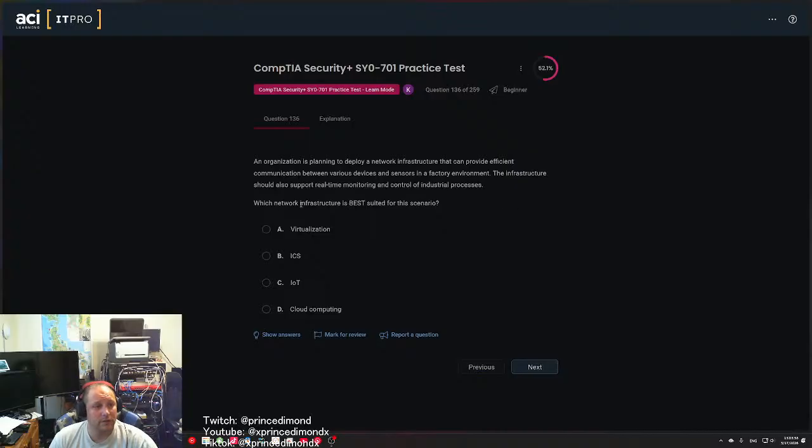Okay, so real-time monitoring and control of industrial processes. So, not virtualization and not cloud computing. You have IoT devices, like your sensors. I used to do PLC programming.